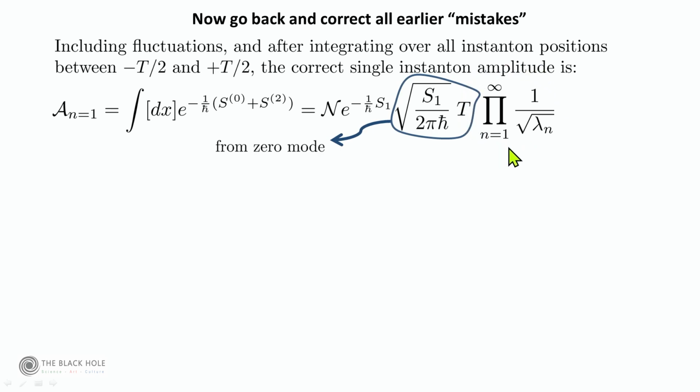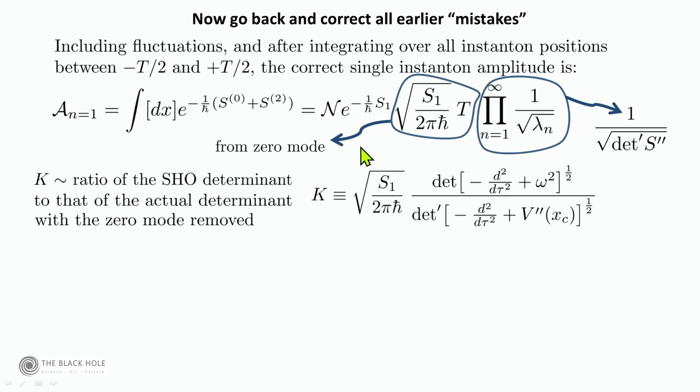And now you see, I have excluded the 0 mode, because the 0 mode is in here. I don't need it, in fact, it would be wrong to put n equal to 0 from here. It has to be n equal to 1. And so what we have is the determinant, but with the 0 mode excluded. So this prime over here means that the 0 mode is not to be included. It's only n equals 1 up till infinity.